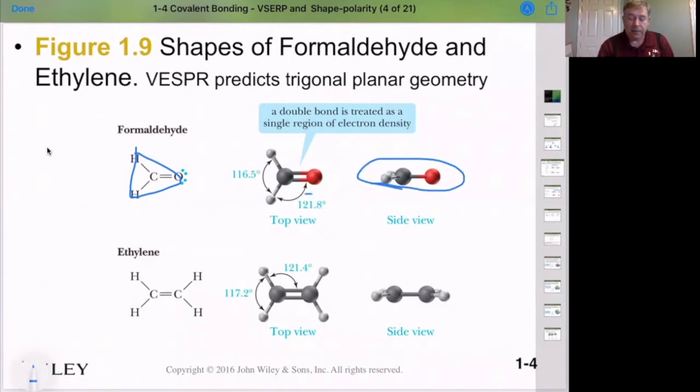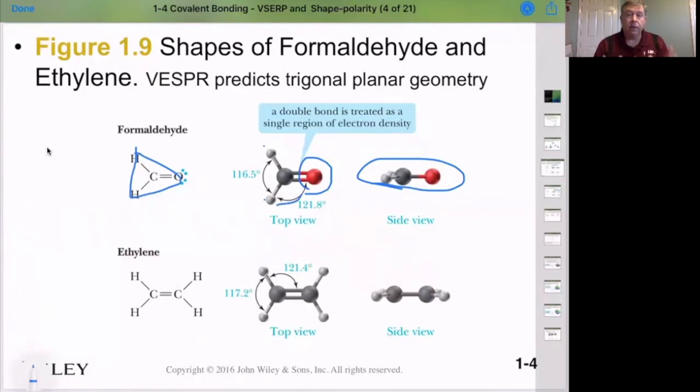Now, the fact that we have the oxygen here and it's a little bit bigger atom than the 2 hydrogens, it pushes a little bit further away. And so the hydrogens are actually closer together than that 120 degree ideal angle, down to about 116.5 degrees. And the oxygen being a little bigger has a little more electron density and therefore pushes a little bit more against those, giving us a slightly bigger than 120 degree angle found in the system.